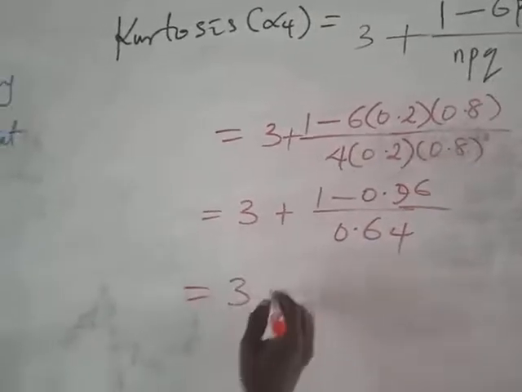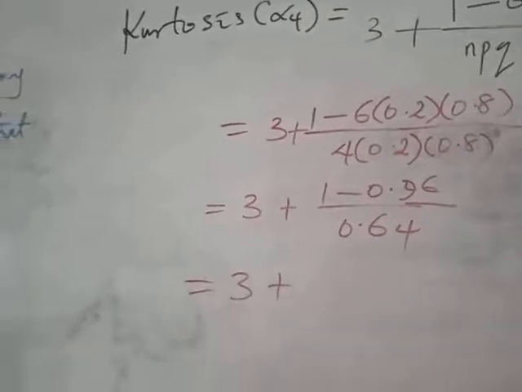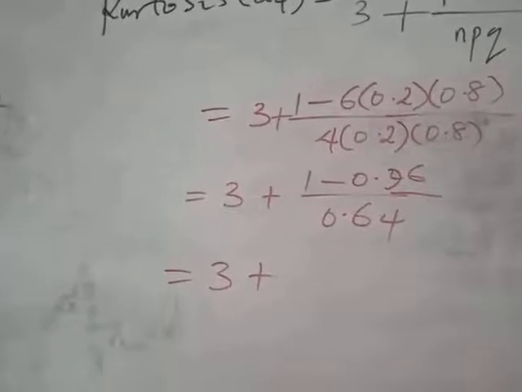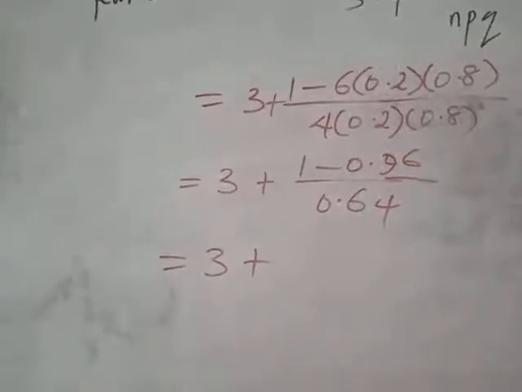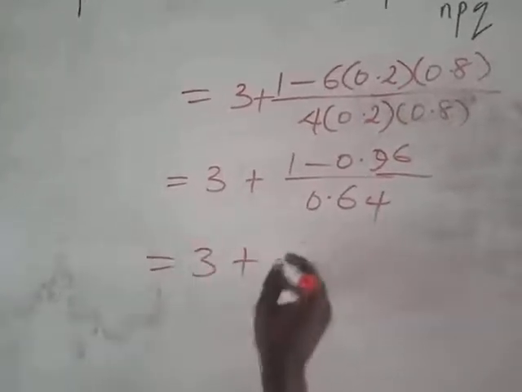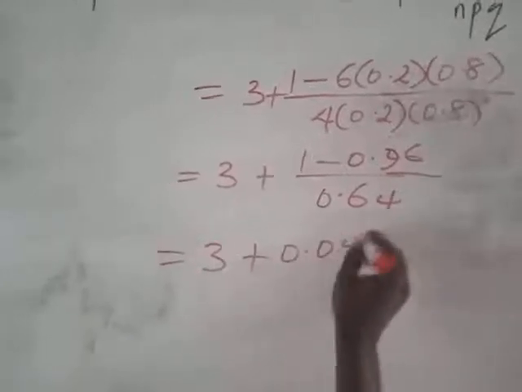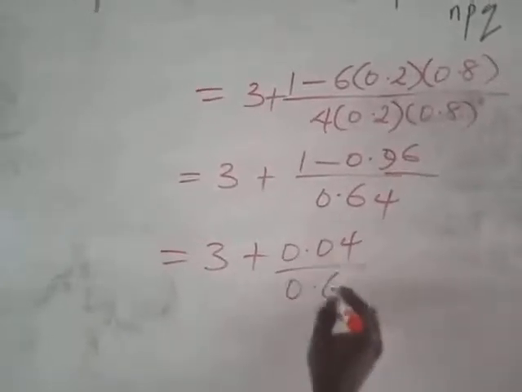So this will be 3 plus, when you subtract this, we have 0.04 all over 0.64.